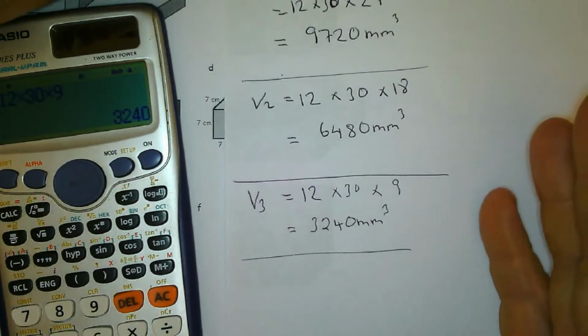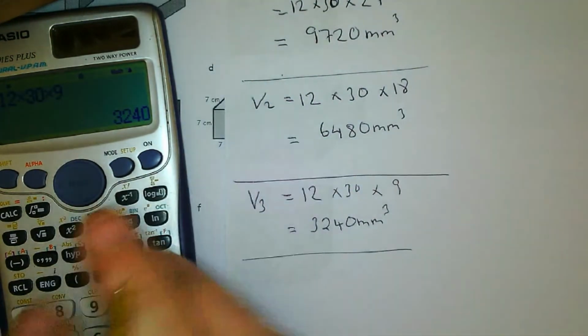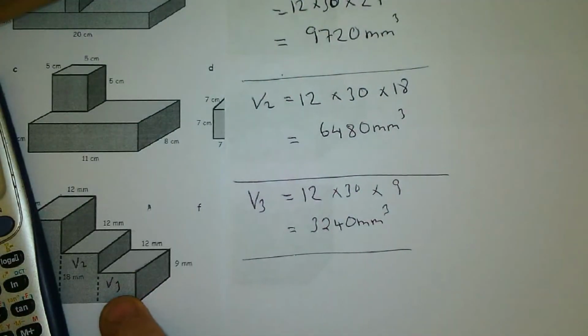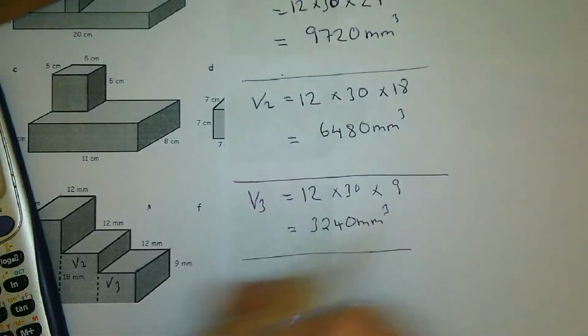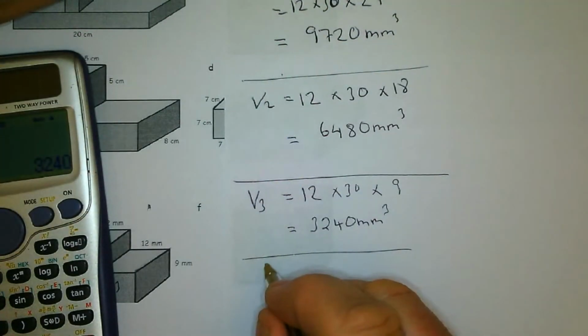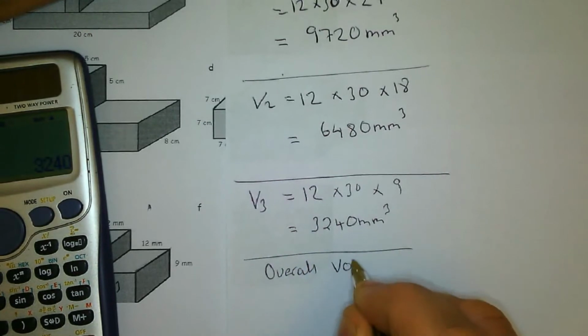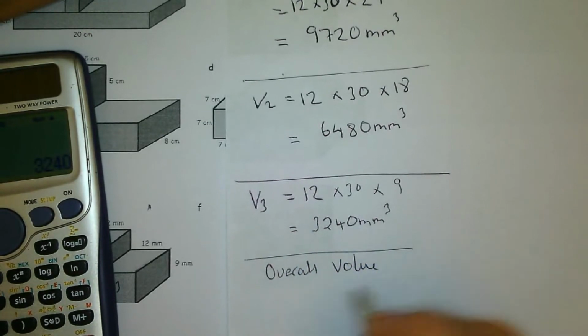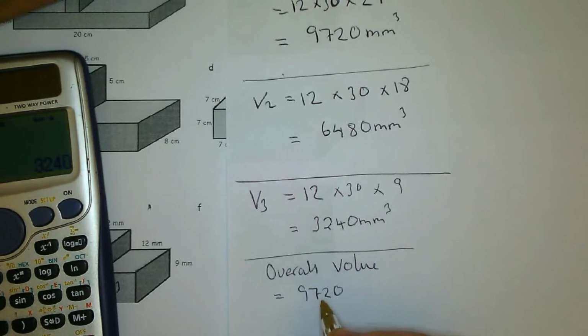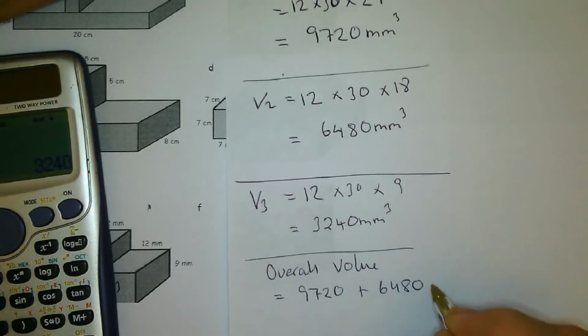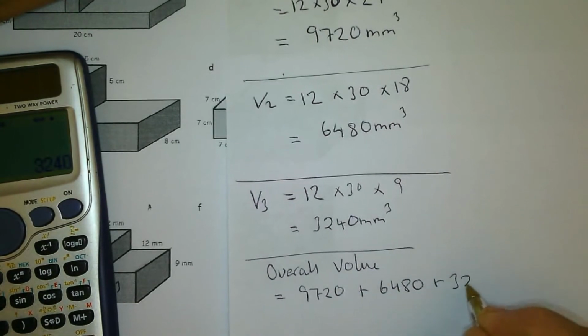And then all you do at the end of it, quite a lot of work here, but you know what guys, in an exam that's worth a lot of marks, but you're kind of just repeating yourself. All you do is overall volume. It's going to be 9720 plus the 6,480 plus the 3,240.